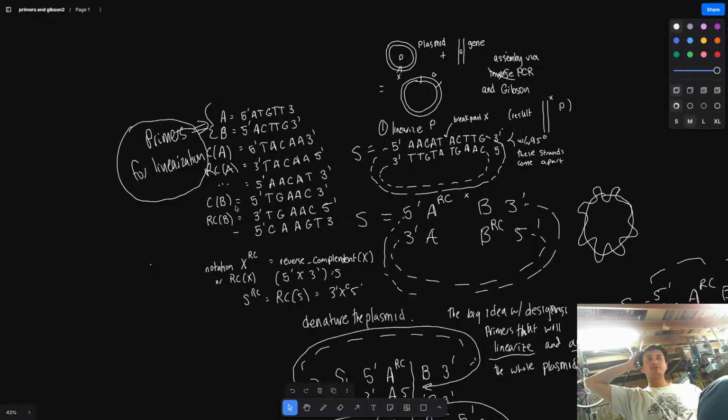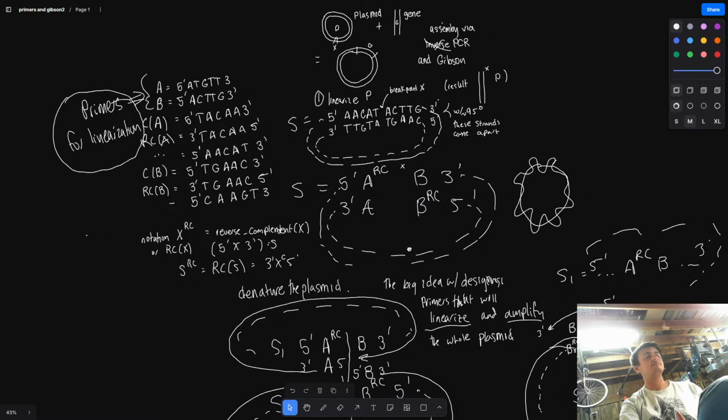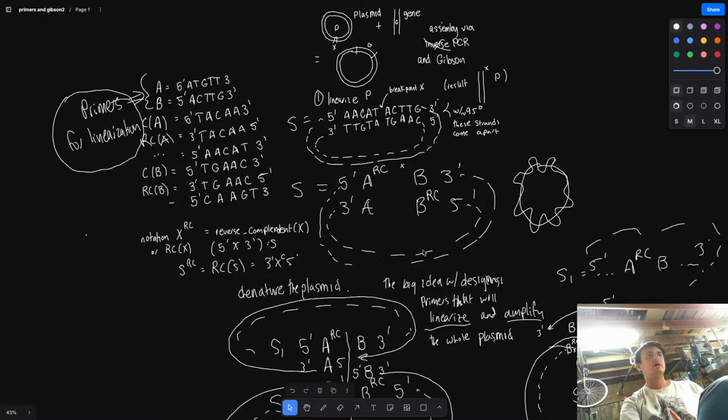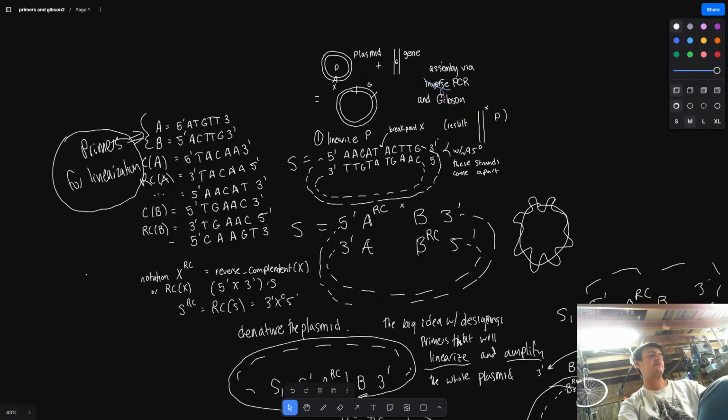So I'm kind of assuming that the overlap length is the same as the primer length, which I think might be janky. You know what I just realized I forgot?